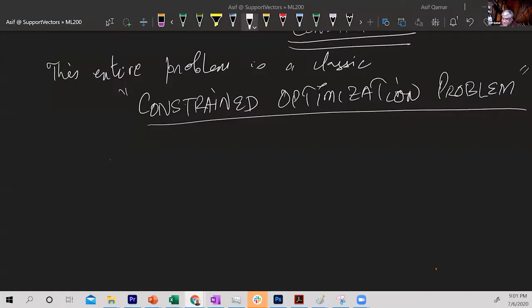Are we together, guys? So here we go. Let me bring back that intuition. Let me draw it in the same way that it was drawn here. Suppose this is a decision boundary.